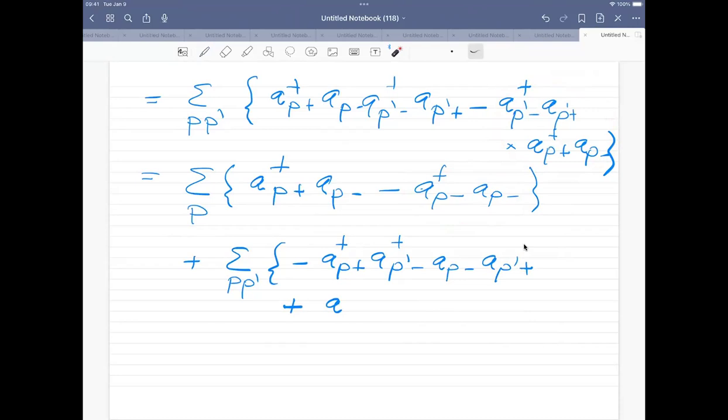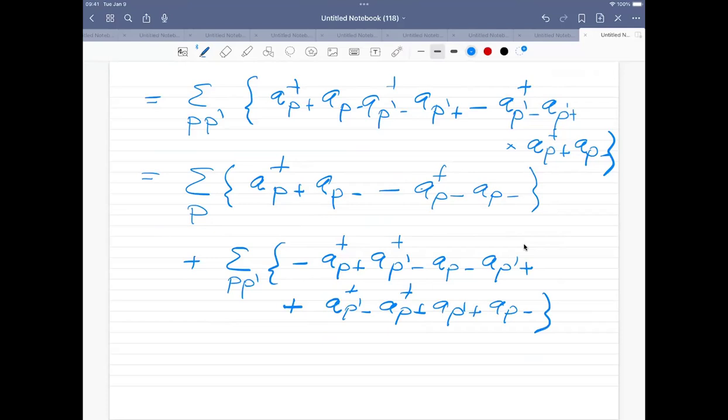Then when I perform the Kronecker delta and have the anti-commutation, I get this term, and then I have a second term, which should read, sorry, plus, and then a_p prime minus, a_p plus, a_p prime plus, a_p minus. Wait a moment, that should be p minus, yeah.